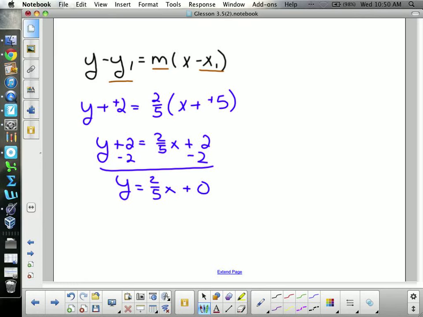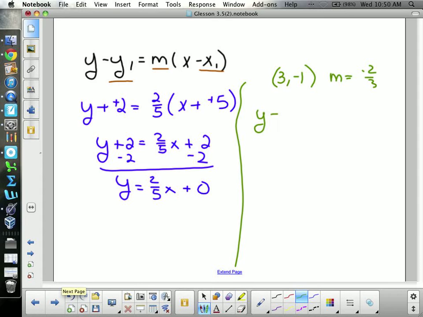Sure. Number 11, our point was 3, -1, and the slope is -2/3. So again, putting it in, y minus what? Y minus 2/3?